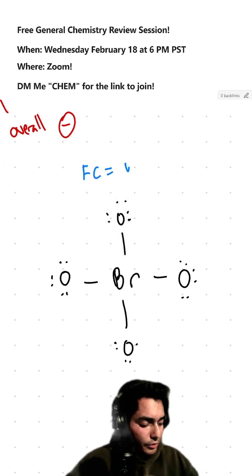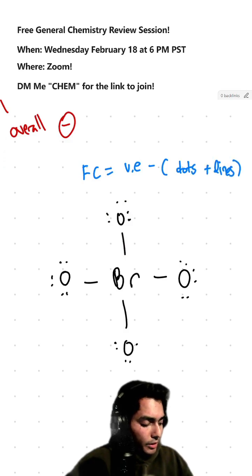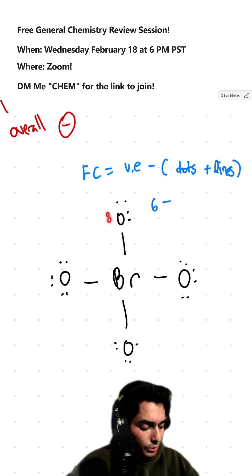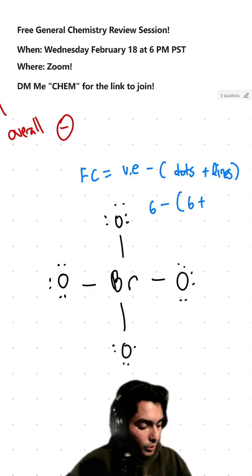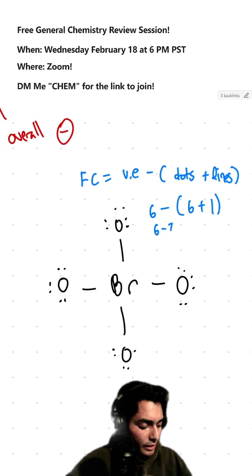It's the number of valence electrons minus the number of dots plus lines. So my number of valence electrons for oxygen is 6. How many dots? 1, 2, 3, 4, 5, 6. How many lines? 1 line. 6 minus 6 plus 1 is 6 minus 7. That's -1. So this is a -1 charge here.